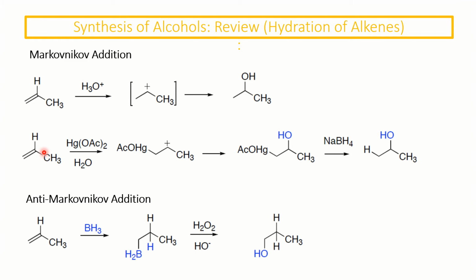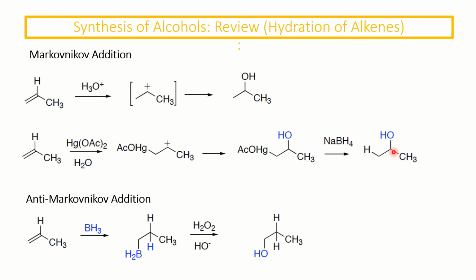The same thing can be achieved with mercuric acetate, but this is a two-part reaction. So we use the sodium borohydride to cleave this residue. And we realize also another Markovnikov type reaction.